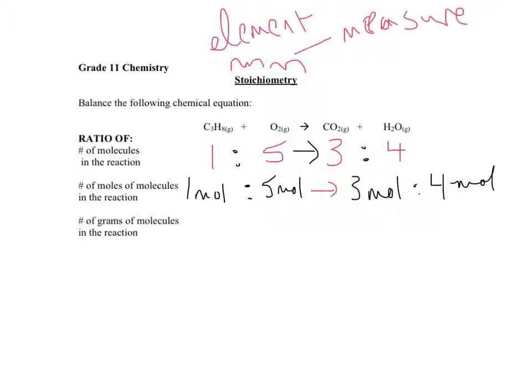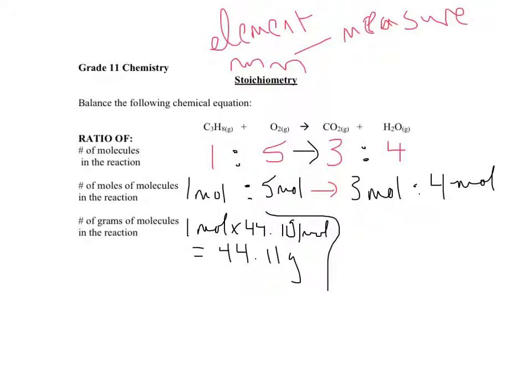So if we had 1 mole, we'll multiply it by the molar mass of propane, and just believe me when I tell you that it's 44.1 grams per mole. That's going to equal 1 times 44.1 equals 44.1 grams.